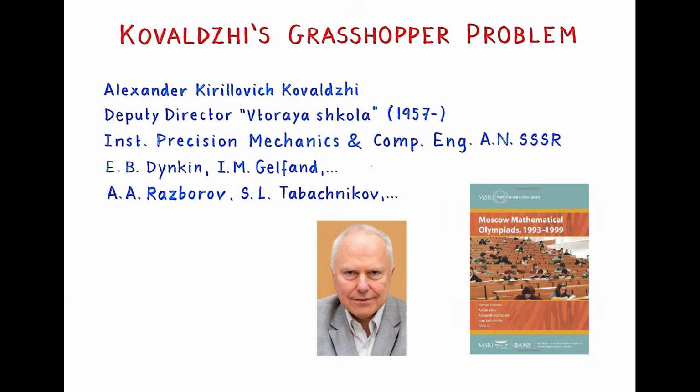Today we would say a Computer Science Institute, except that it was at a very rudimentary stage of computer science. And there were wonderful people like Dunkin and Gelfand who worked there.